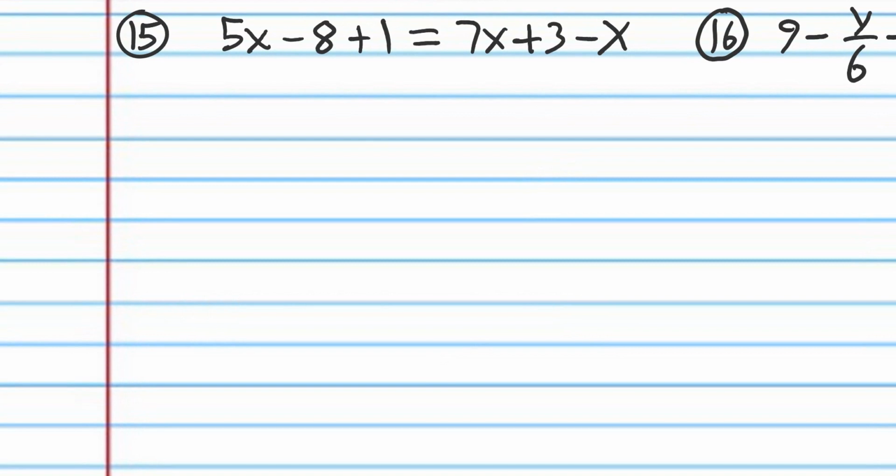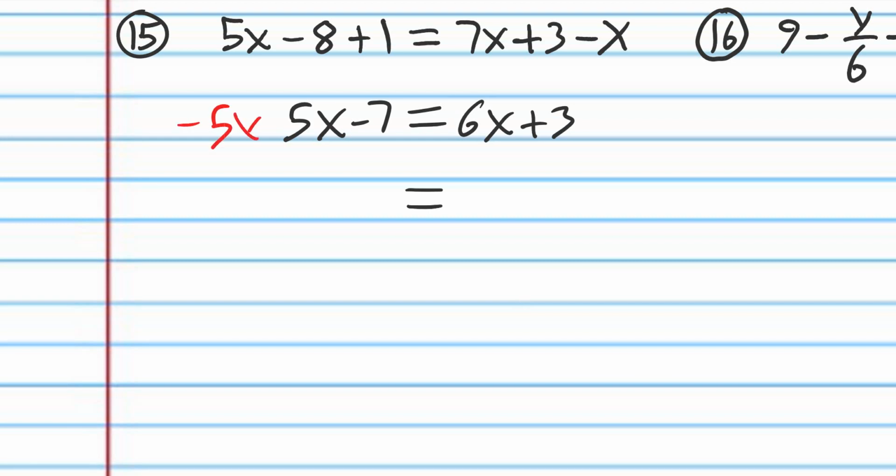All right, we're back. Negative 8 plus 1 is negative 7. And 7x minus 1x is 6x. I'm going to subtract 5x from both sides.